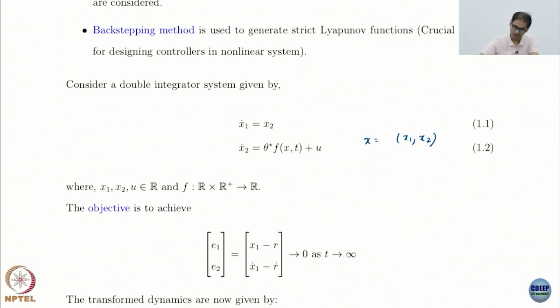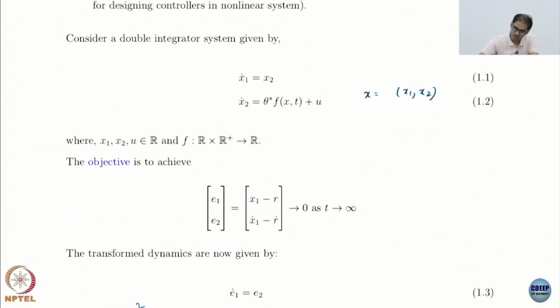Great. So suppose we have this nonlinear double integrator. We saw a double integrator. Now we have a nonlinear double integrator, and this is where we have the unknown appearing. You see that this is only one function. This could easily have been a summation of theta_i star f_i plus u.